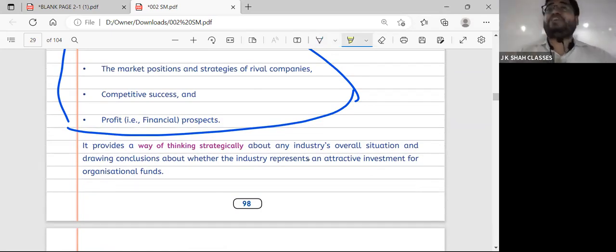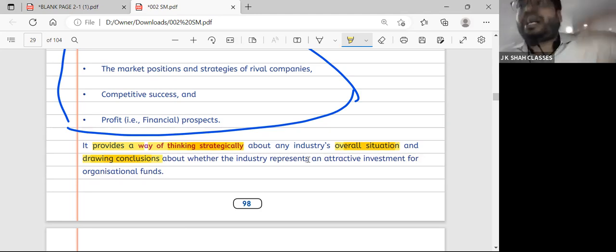The analysis that we do now will provide us a way of thinking strategically about the industry's overall situation. You will come to know about the industry's overall situation and you will be able to take a well-informed decision as to whether you should invest your hard-earned money in this industry or not.